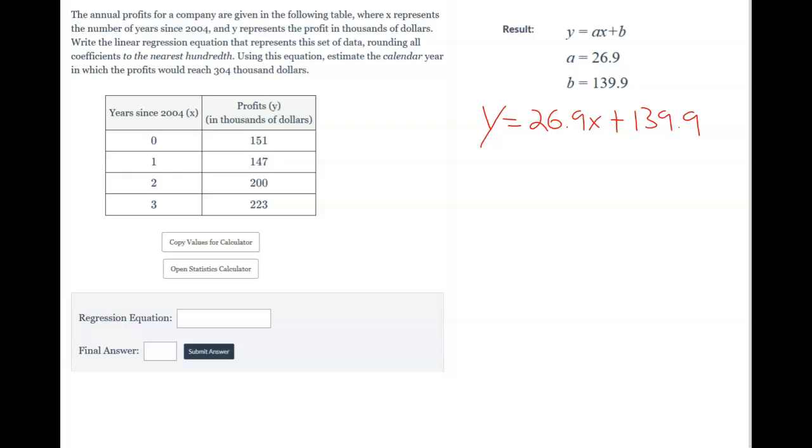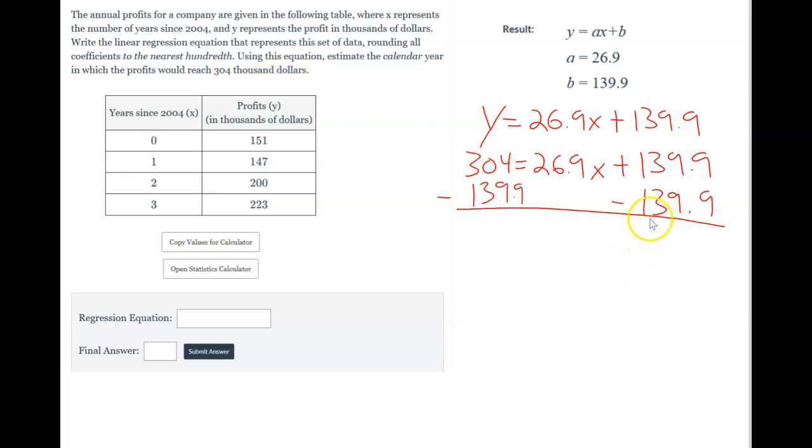Alright, so in this one, we're looking for the X. So they give us the Y, and we're going to plug that in right here. $304,000, and we plug this in. And it's a simple two-step equation. You're just going to solve it. So you're going to subtract 139.9 on both sides.